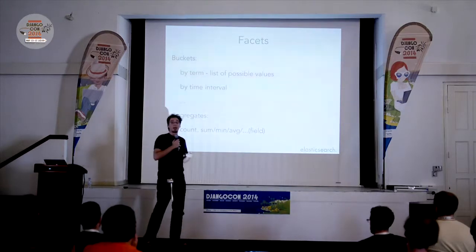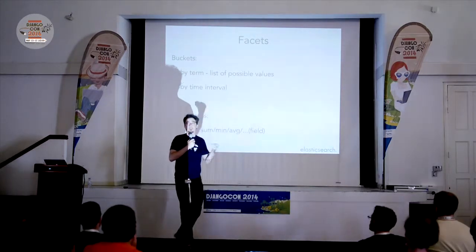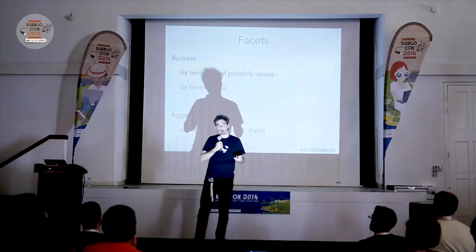For example, give me the average price range, or give me the number of files in the repository, and give me an average or a standard deviation, or whatever aggregation you actually fancy. So it's not only popular for faceted navigation, but also for doing analytics.